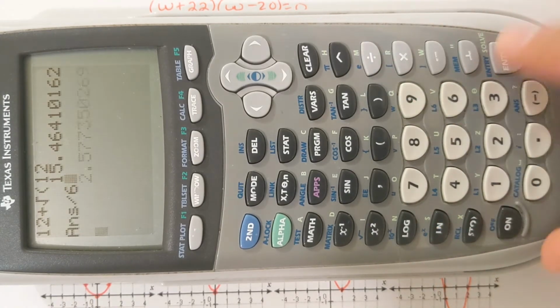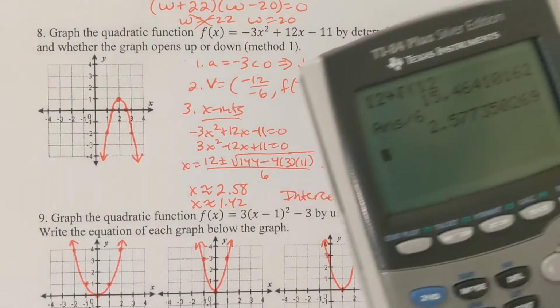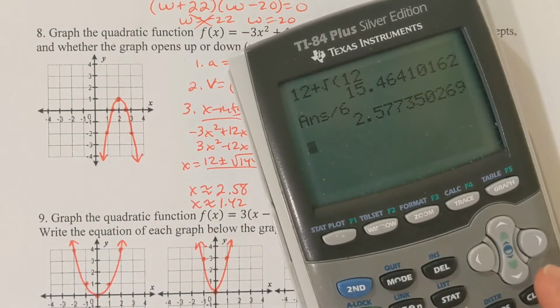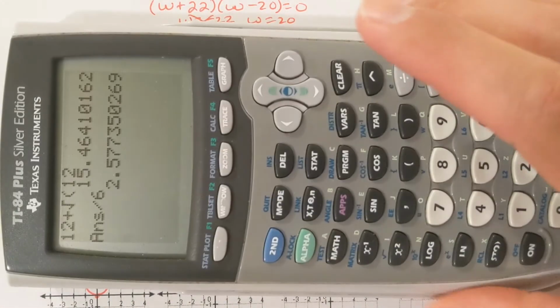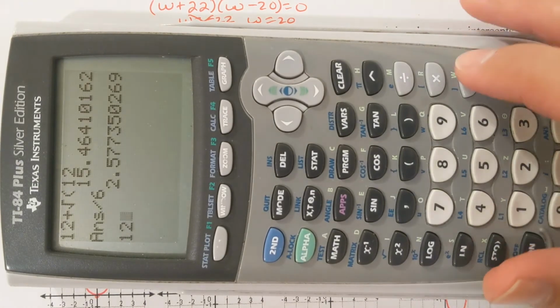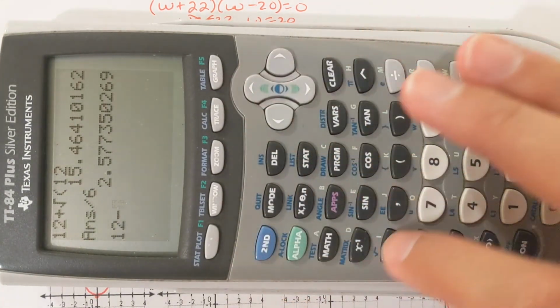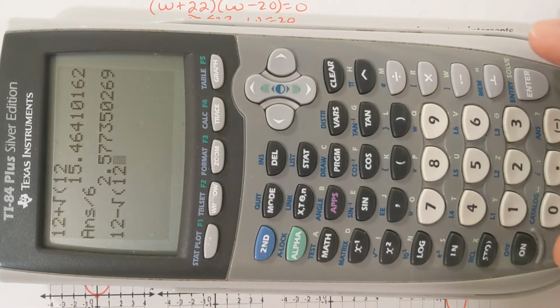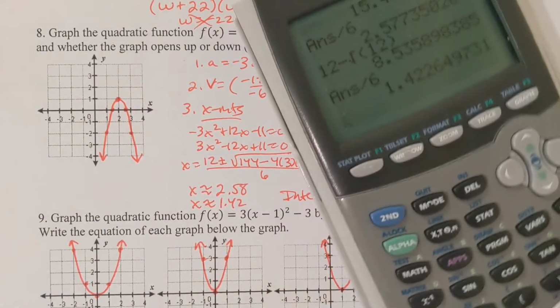I'm looking at 2.58, and then 12 minus root 12 all over 6 is 1.42.